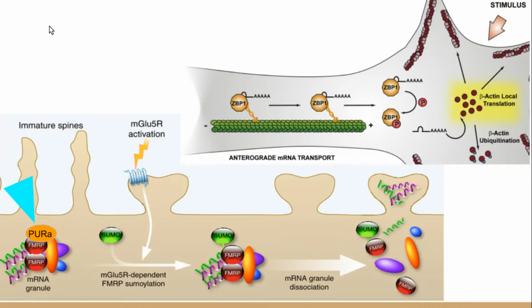FMRP is particularly interesting because an expanded trinucleotide repeat mutation in one of its coding domains causes a common form of mental retardation. FMRP is thought to not only bind mRNA, but also to function as an adapter to kinesin for transport of these RNA granules to dendritic spines.